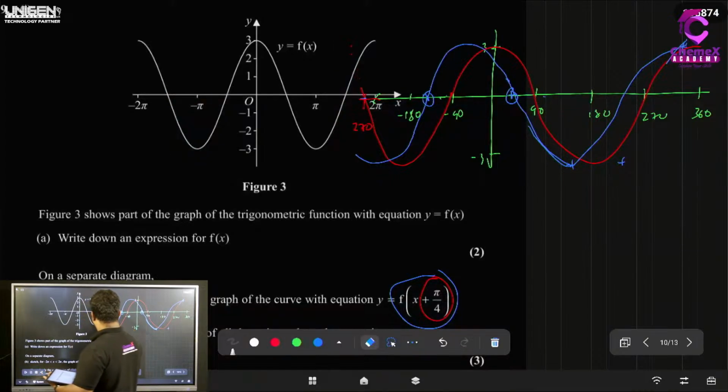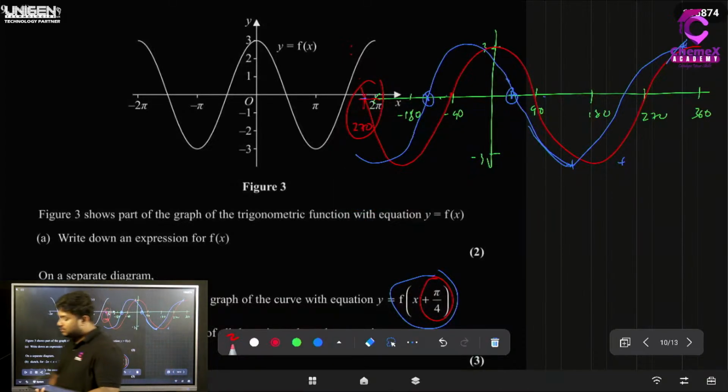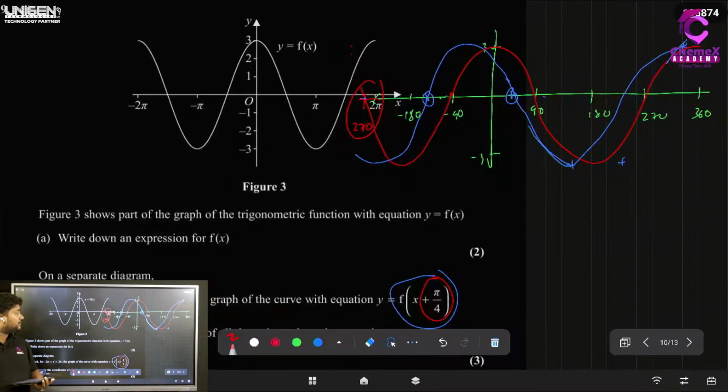Usually it used to cut at minus 270, right? Now in this case it's going to cut at minus 270 minus 45, which is more to the left side, minus 315. So minus 315 in radians is what? It's going to be minus 7 over 4 pi. It's going to cut at that place now.